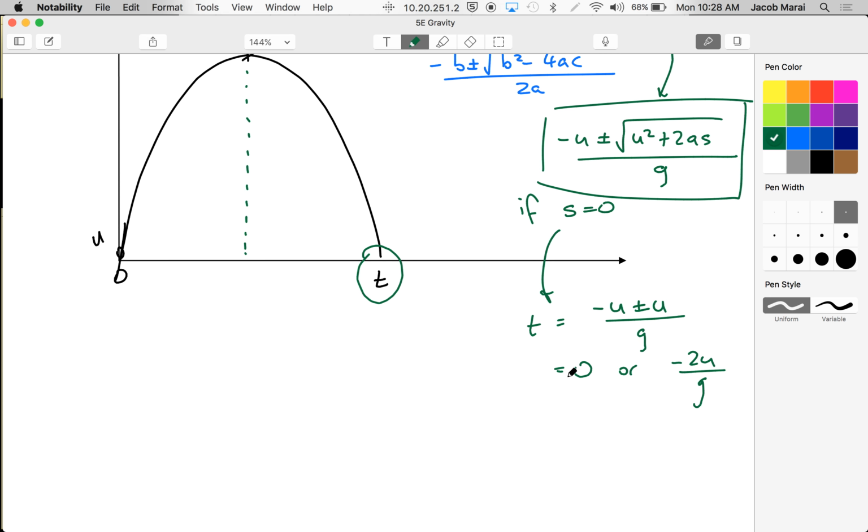Okay? So if I throw it on level ground, it's going to be at my hand, level ground. If I throw it on level ground, it's going to be there at t equals 0 or t equals 2u over g. If I throw it faster, then what I'm doing is I'm making my quadratic steeper, and then it's going to take longer to come back to the x-intercept.